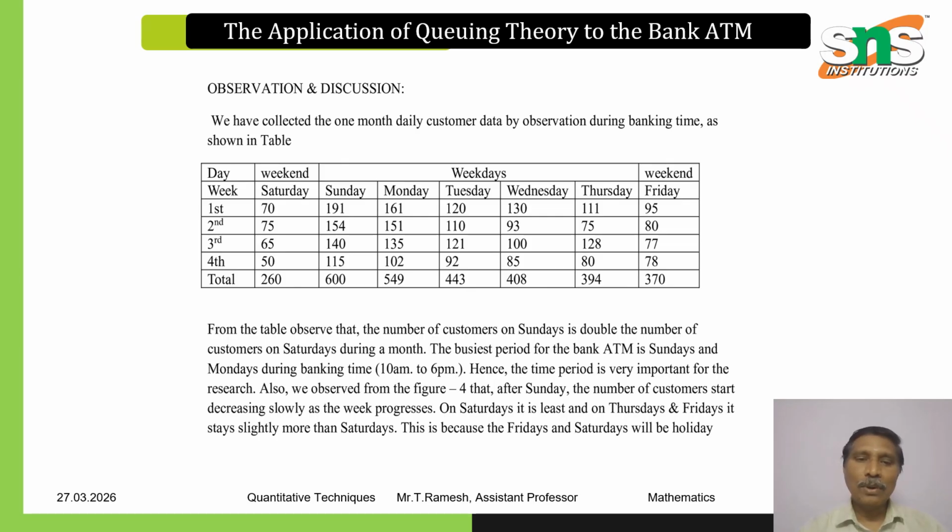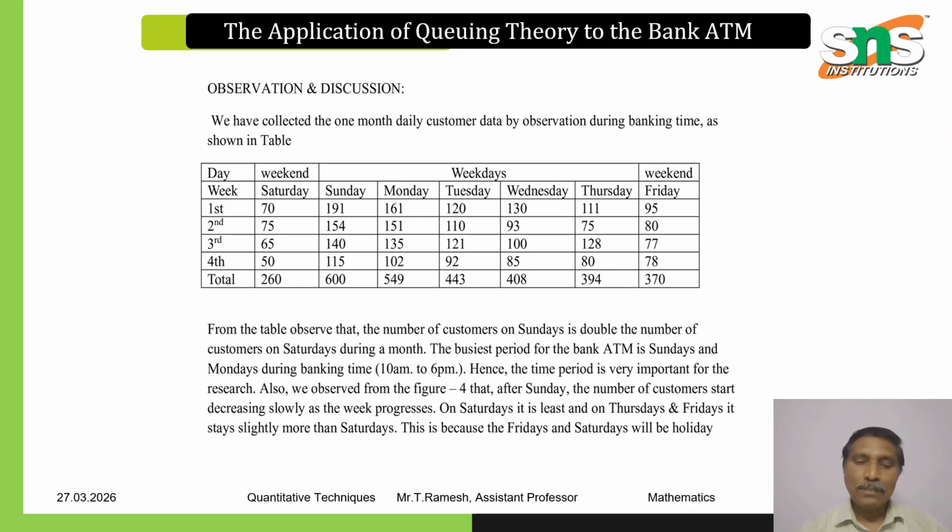The total over these 4 weeks: Saturday 260 people, Sunday 600, Monday 549, Tuesday 443, Wednesday 408, Thursday 394, and Friday 370 people visiting the ATM.